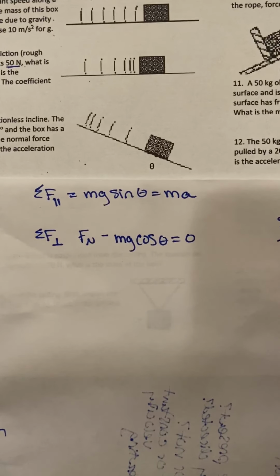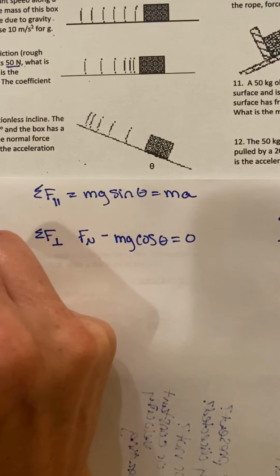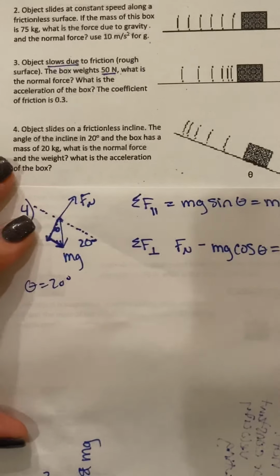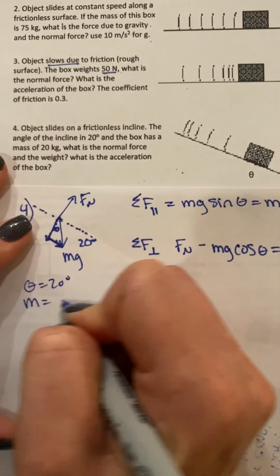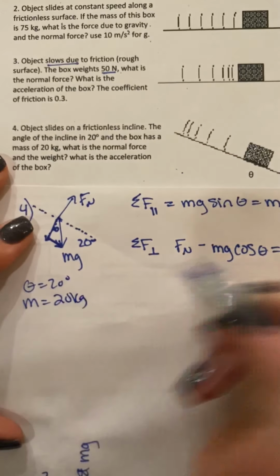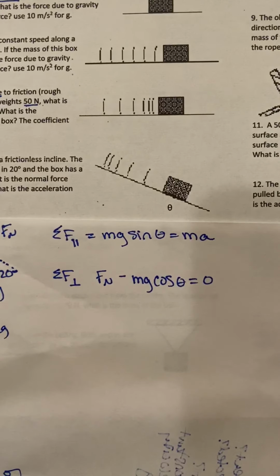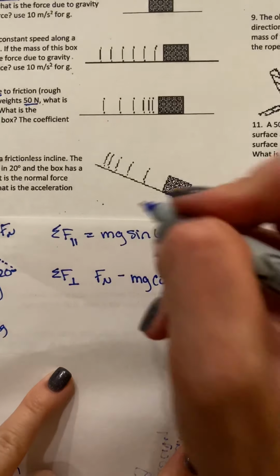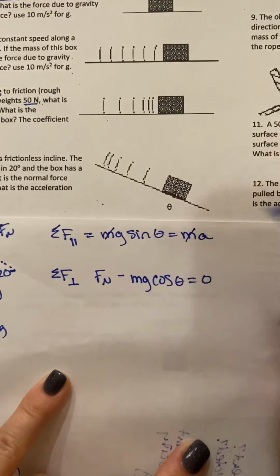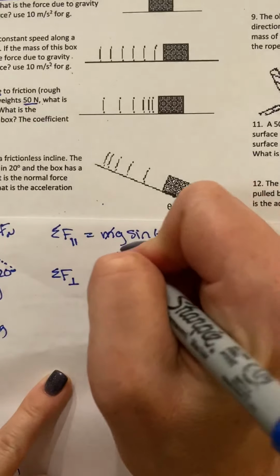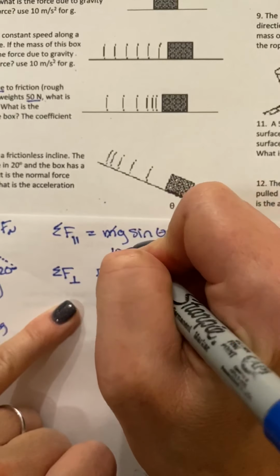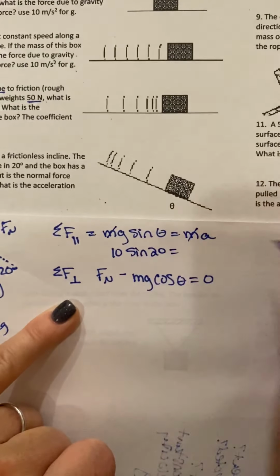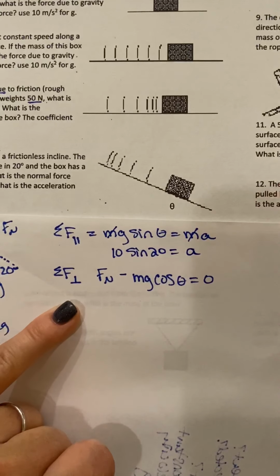Okay, so we have our 20 degrees. We have our mass. Our theta is 20 degrees. Our mass is 20 kilograms. So I can figure out what my acceleration is. So in this case, my masses cancel out because they're on both sides of my equation. So it's just going to be 10 sine 20 is equal to my acceleration.